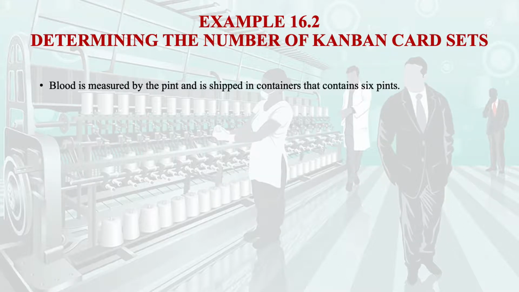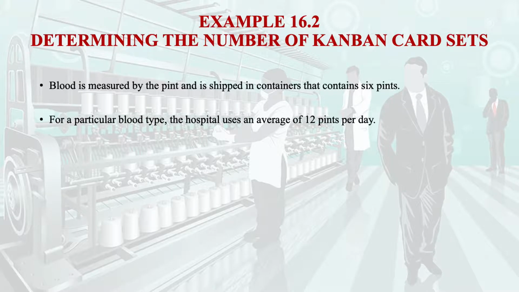As you know, blood is measured by the term unit and is shipped in a container that contains 6 pints. For a particular blood type, the hospital uses an average of 12 pints per day.